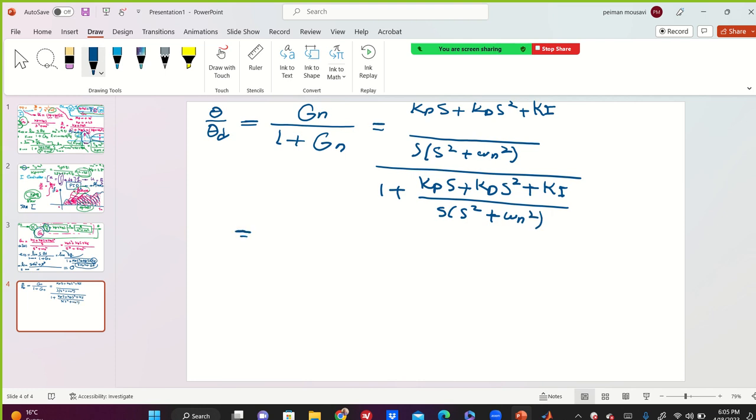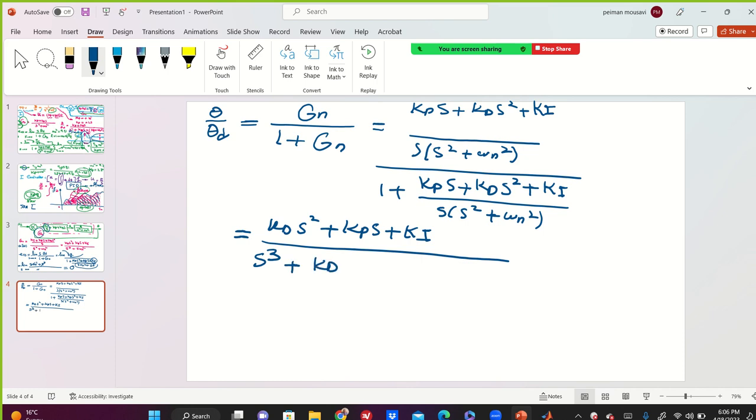If you simplify these, you're going to get this: KD S squared plus KP S plus KI, and you're going to have S cubed plus KD S squared plus KP plus omega n squared S plus KI. Oh, it's interesting.